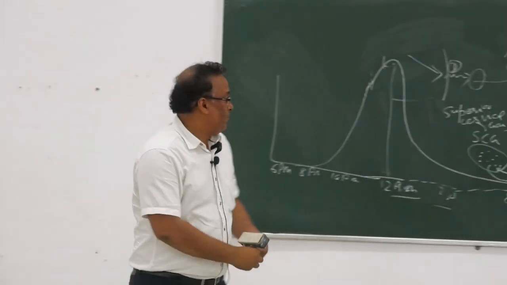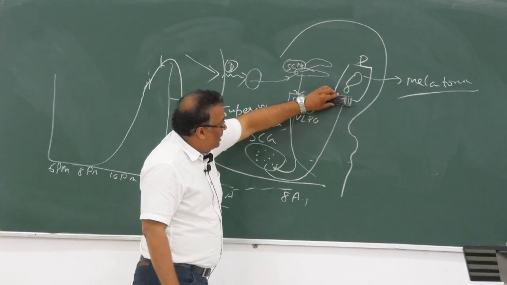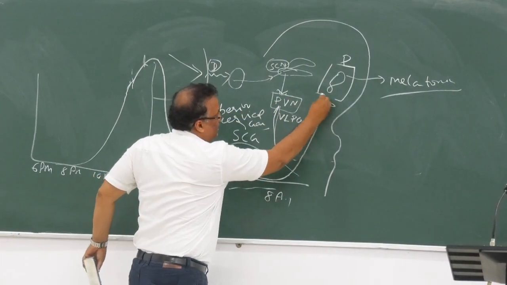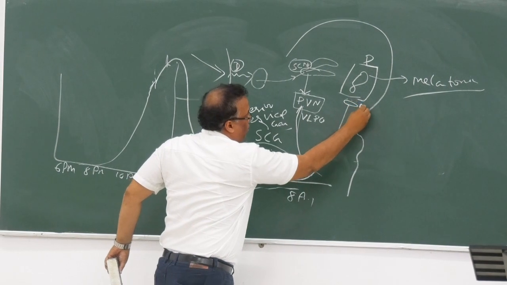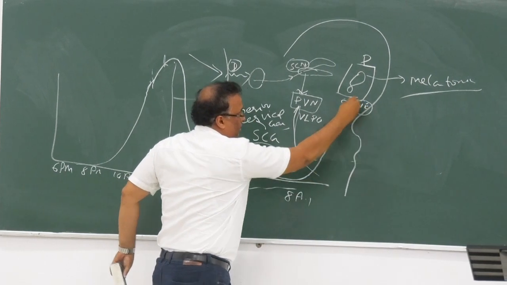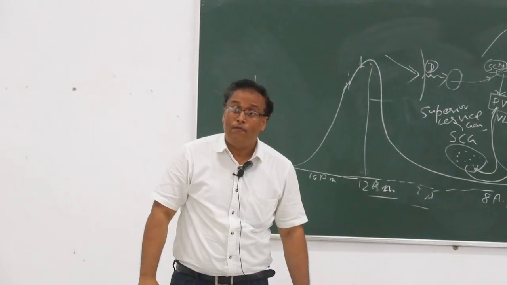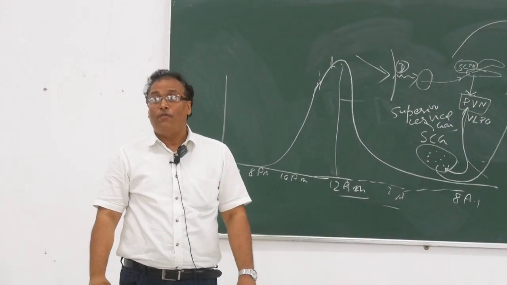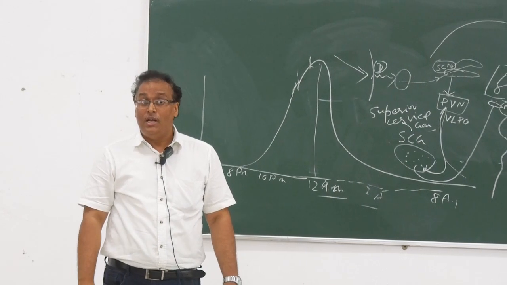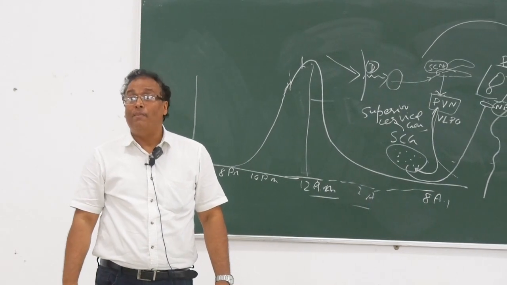At this postganglionic site, it releases mostly norepinephrine. And this norepinephrine is the triggering factor for the synthesis of melatonin inside the pineal gland.